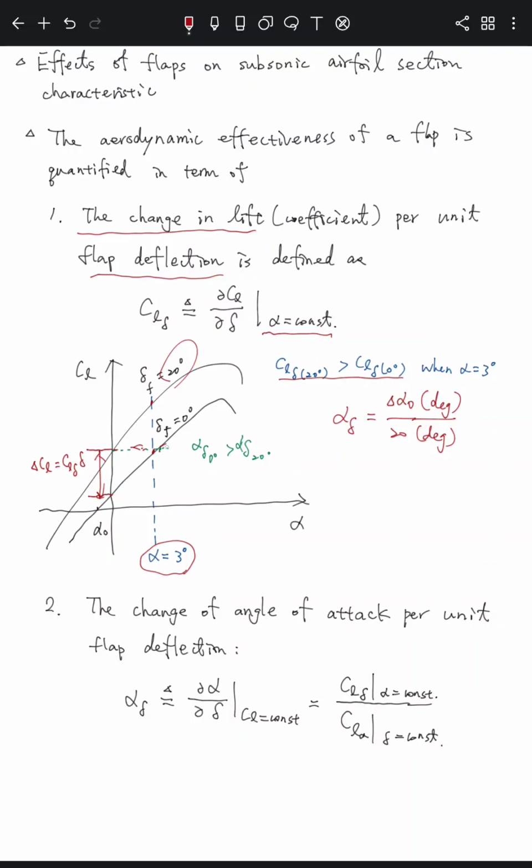We keep CL constant, and we can see that alpha at delta 0 is greater than alpha at delta 20 degrees, which means we need more angle of attack to generate the same lift compared to a larger flap deflection. This is another effectiveness of the flap.